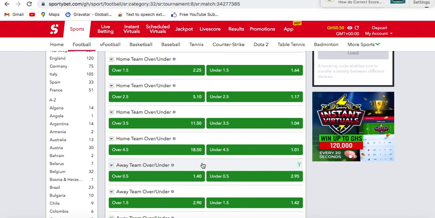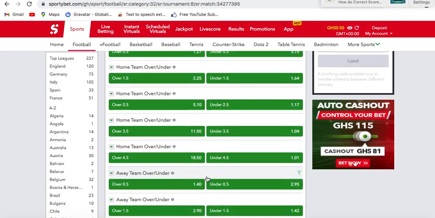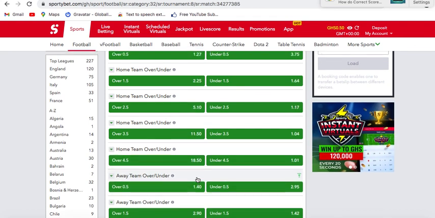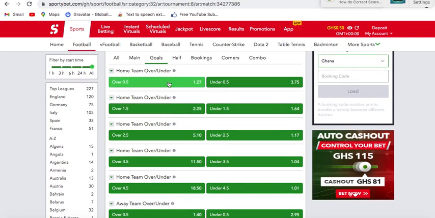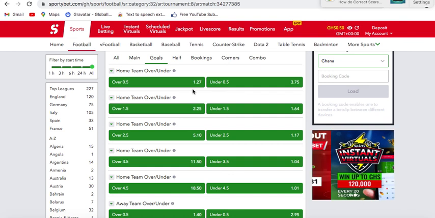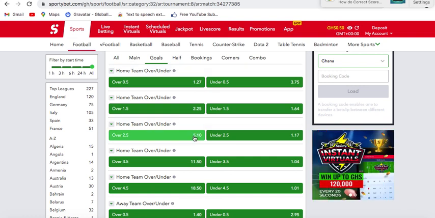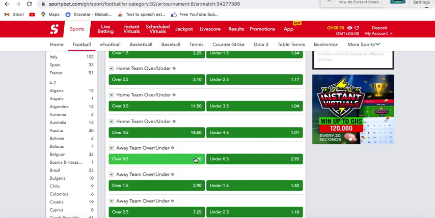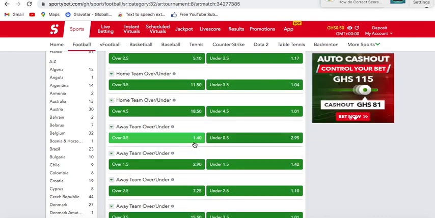And as Sportybet has given us that the total goals must be 3 goals, then if you can see, the away team odds are much higher than the home team odds, and if the odds are high, that means it is very hard for that goal to happen. So we are giving the home team 2 goals to score and the away team 1 goal to score.